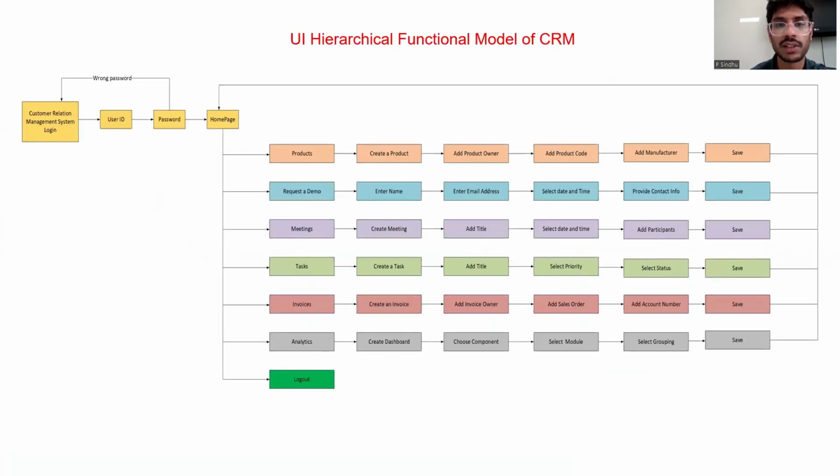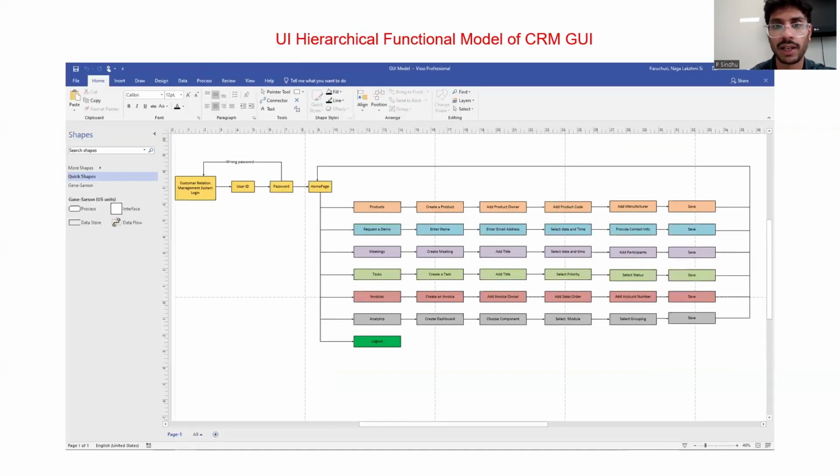And coming to the next slide, it's a user interface hierarchical functional model of CRM. And this is a layered breakdown of functions. Functional components are designed into lower level components to provide a layered framework for deriving behavior. We have used Microsoft Visio to design this software diagram.